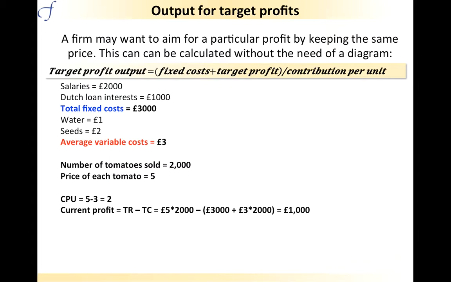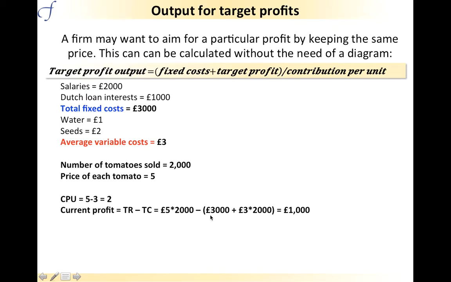This is our data from before, and what this means is that our current profit is equal to £1,000. That's £5 per unit sold times how many units are sold. That's our total revenue, equal to £10,000, minus the total costs.